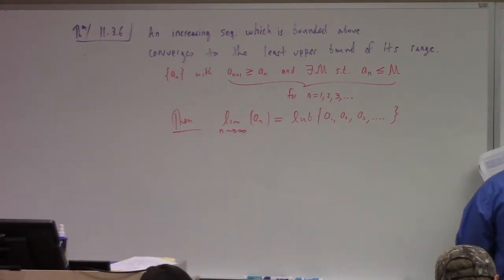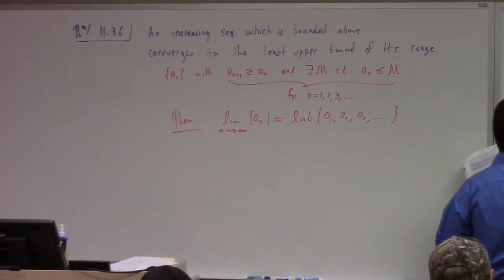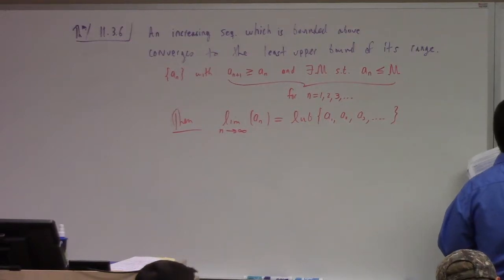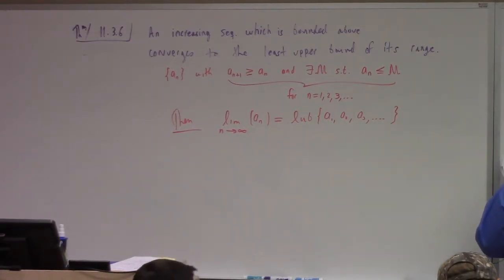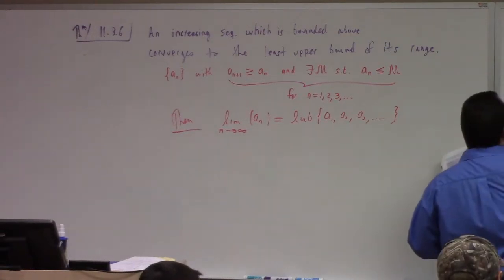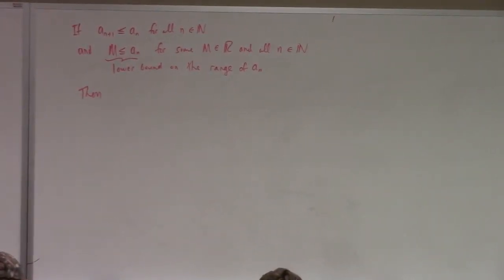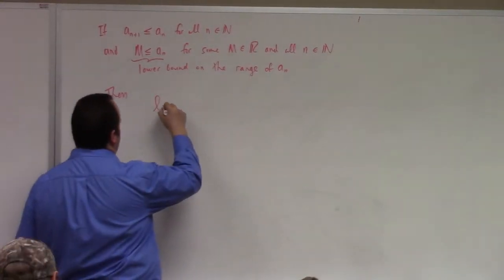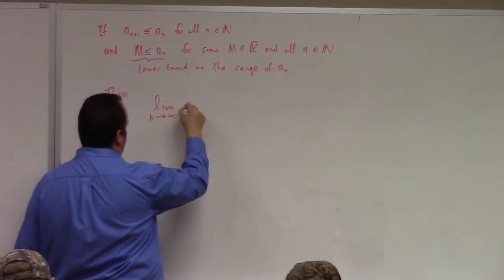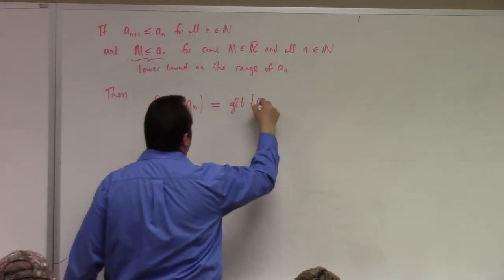I'm an idiot. The other way, m less than or equal to a sub n, it's a lower bound. It's a lower bound on the range. The limit as n goes to infinity of a sub n is equal to the greatest lower bound of the range.